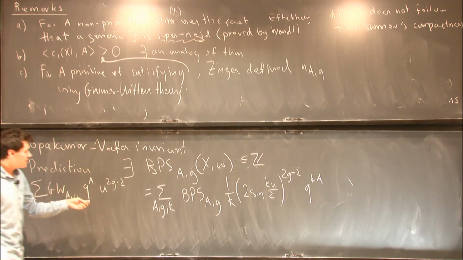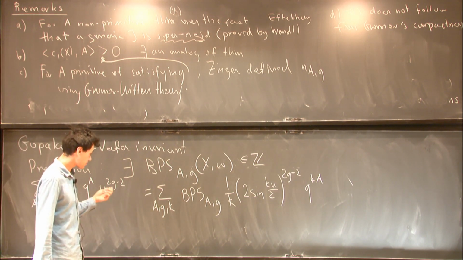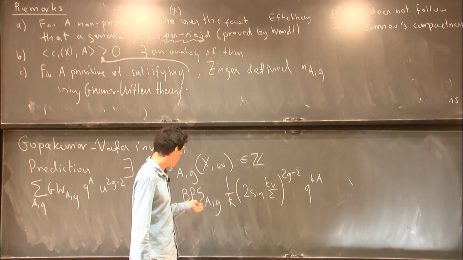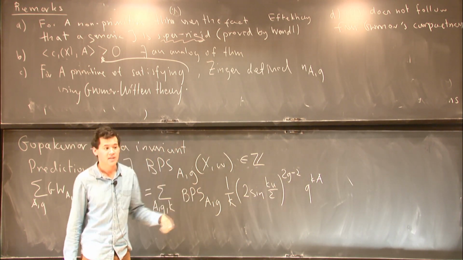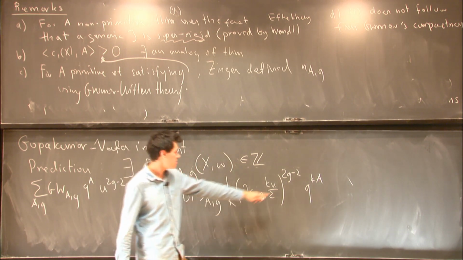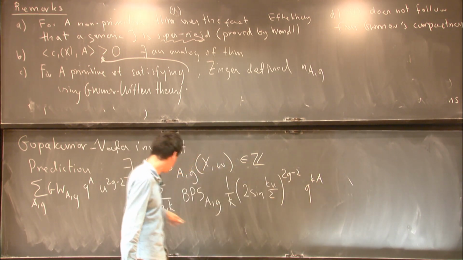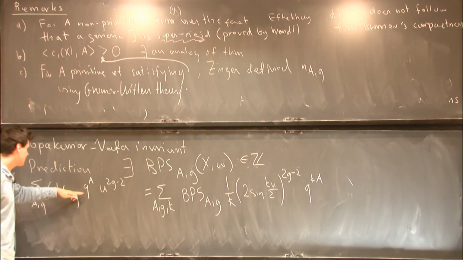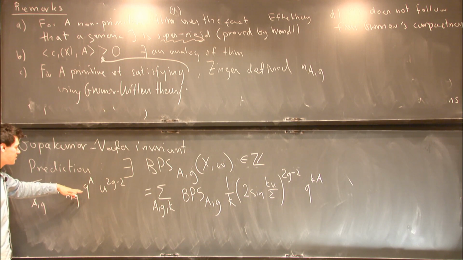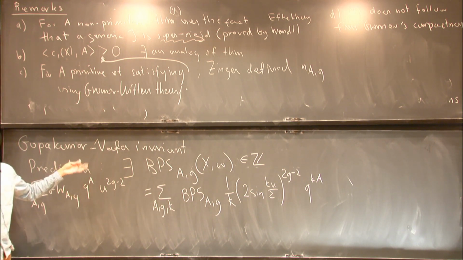And you see something interesting, namely that BPS invariants in a class A, let's say A is primitive, because there is this kA here and I sum over all k, will have contributions to Gromov-Witten invariants for class kA, for any k.